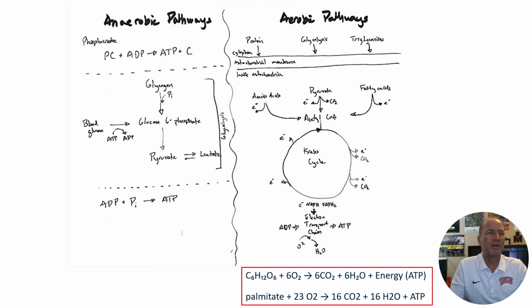One other point to note is that there are a lot more steps to processing a fat versus a carbohydrate, and a lot more steps in the aerobic pathway than the anaerobic pathway. So these pathways just take longer to generate ATP. There is a rate limiting issue in terms of ATP being generated for certain intensities of exercise.